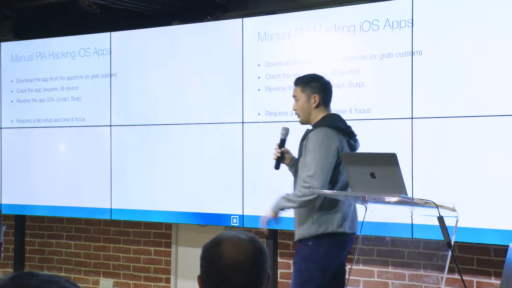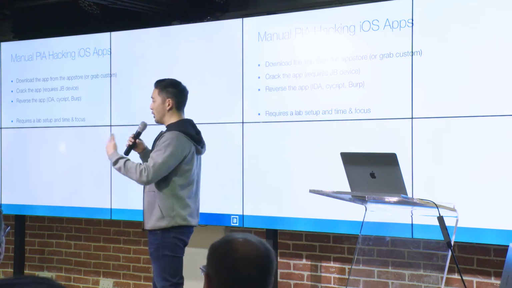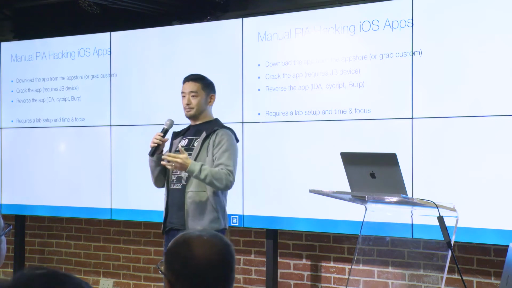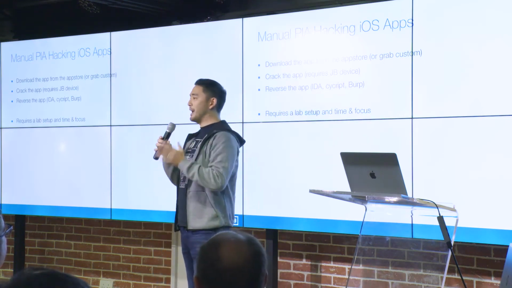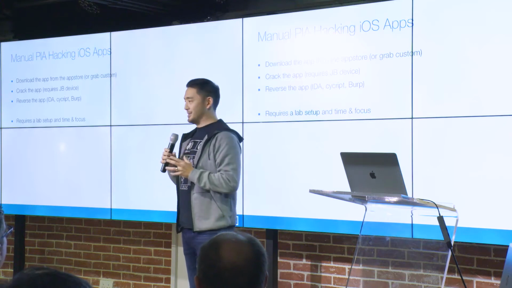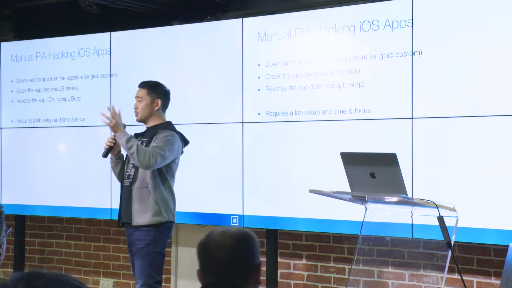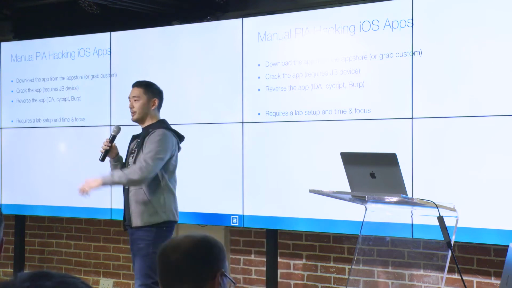For those of you who may or may not be familiar with hacking mobile apps, I'm going to focus on iOS applications, so anything on iPhone. When you hack mobile apps today, it's a really manual, painful process. The way it's done is you find an app that you want in the App Store, whatever it happens to be, Bank of America, Instagram, Twitter, you name it.